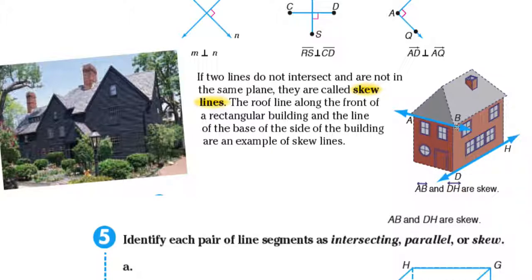They are neither parallel nor do they intersect with each other. Remember, the plane of AB will be this plane. The plane of AD will be in the bottom or probably the top.